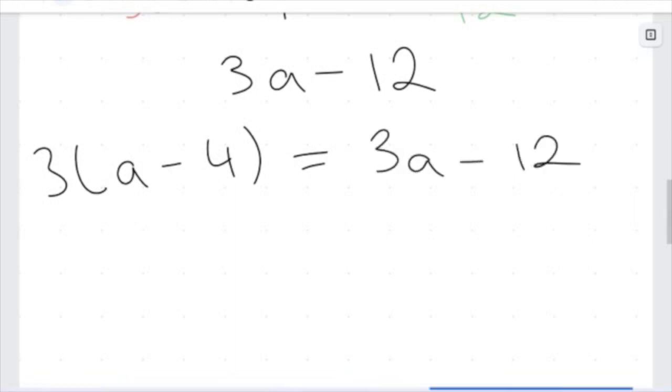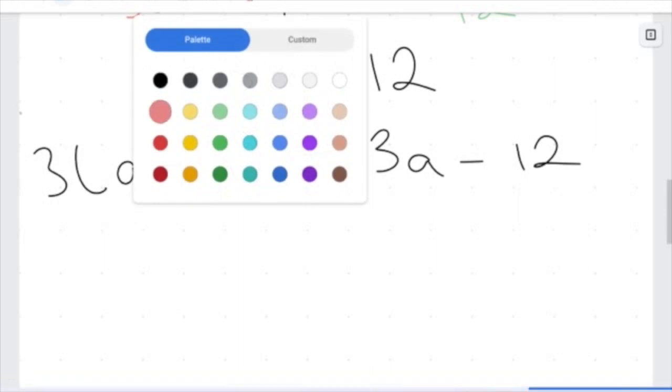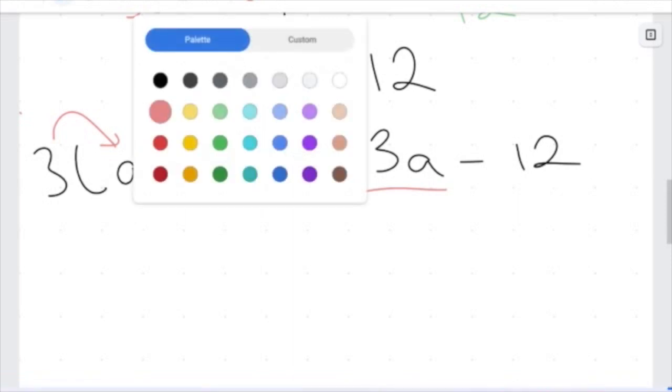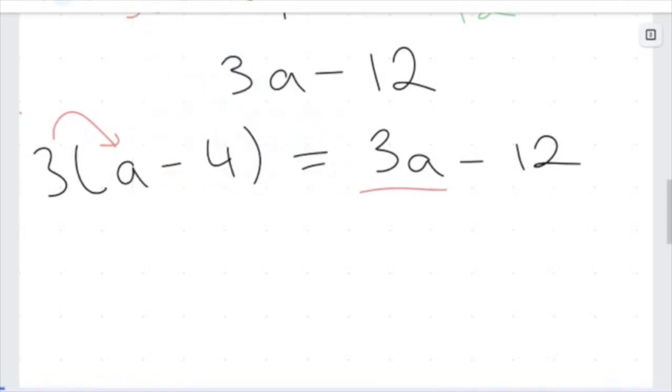But what's actually happened here again? Well, look at these numbers. 3a, I got that from multiplying this outside term by the first inside term. 3 times a just gives me 3a, written shorthand in algebra. And negative 12, I get from timesing 3 and minus 4.